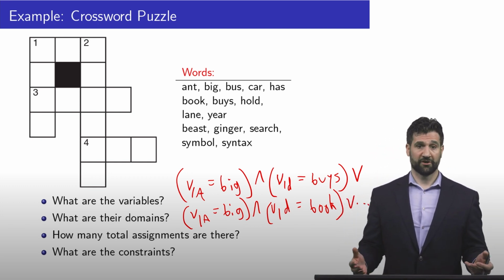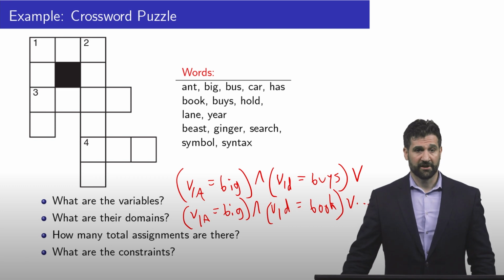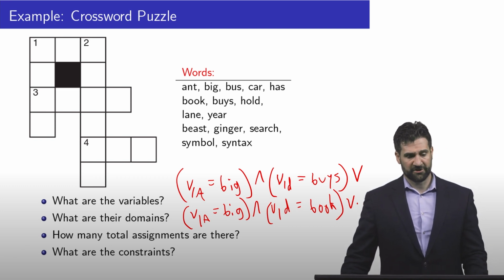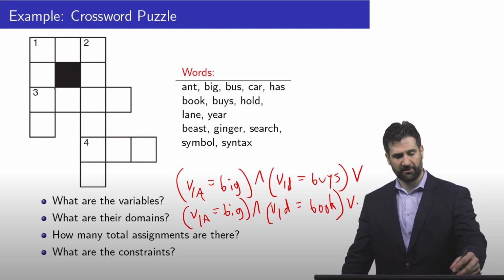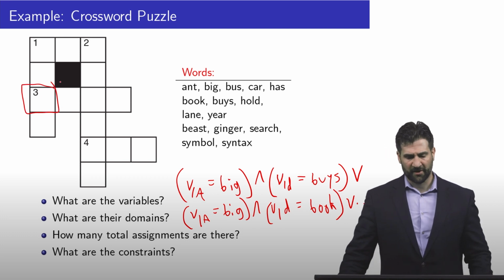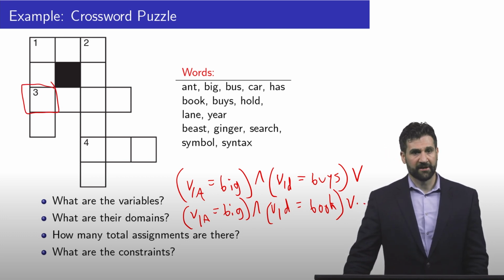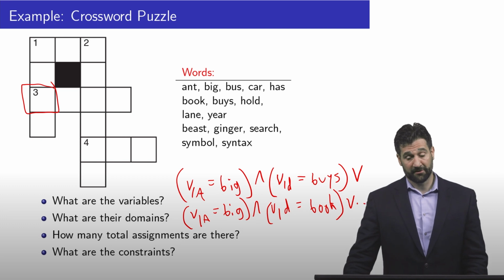Likewise, we can look at the common position here, which is the 4th letter of V1 down and the 1st letter of V3.